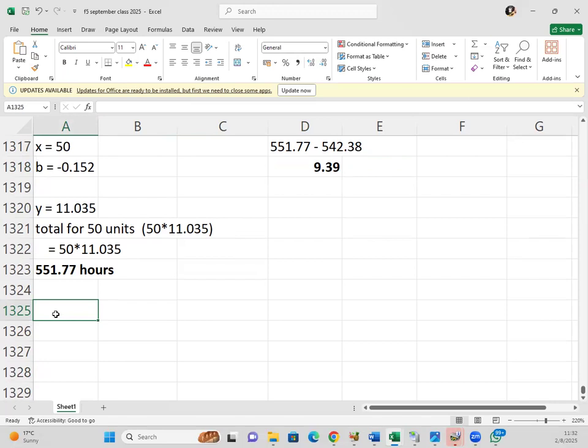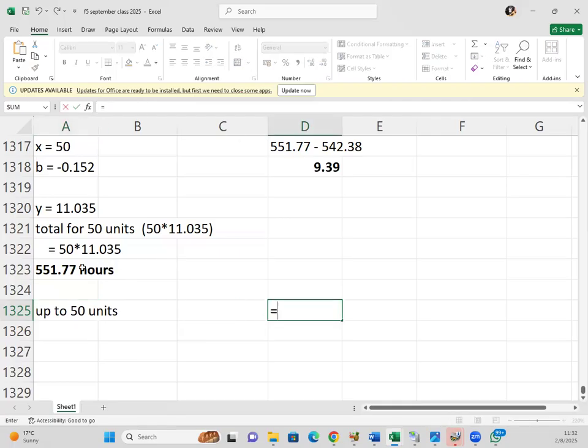So we are saying up to 50 units, the total time that we took after applying the learning effect is 551.77. Then the additional units to get to 70, how many units do we need? 20.